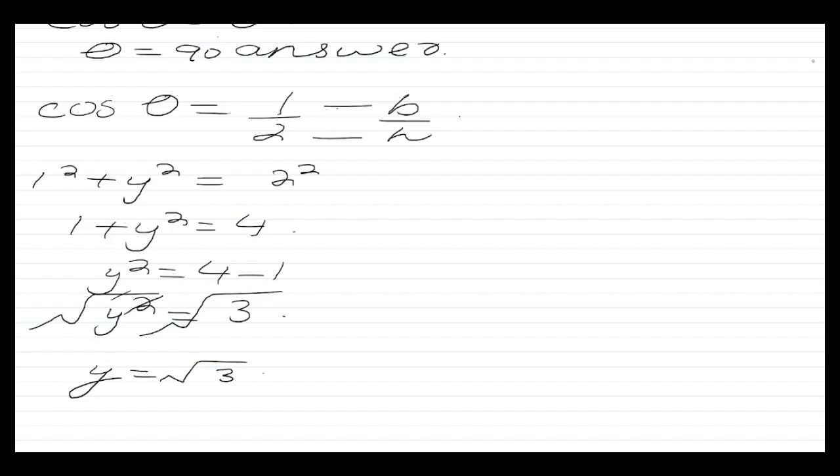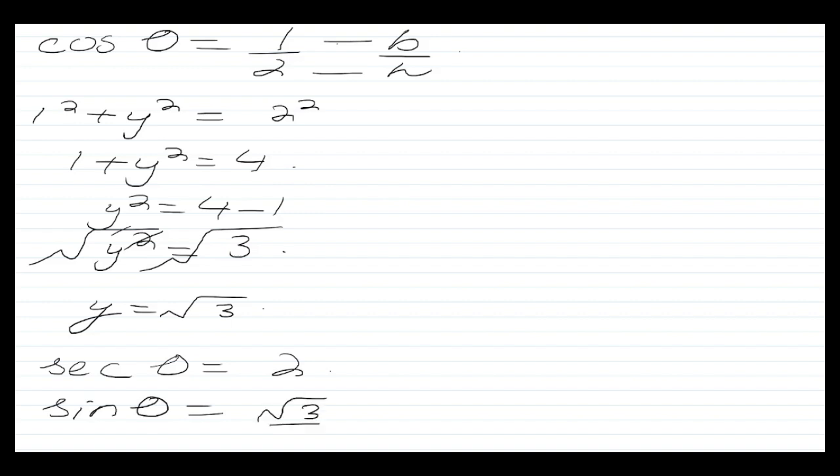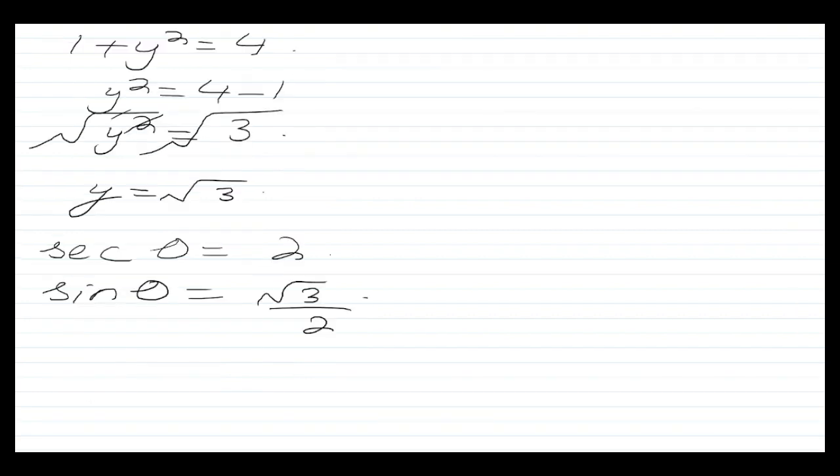So now we can easily calculate the trigonometric ratios. So first, what do we find? We will find the value of sec. So sec is the opposite of cos. We know that the cos is 1 by 2. So our sec theta will be equal to 2. Then we will find the sine. So the sine theta will be equal to under root 3 by 2, because sine is equal to the perpendicular over hypotenuse.